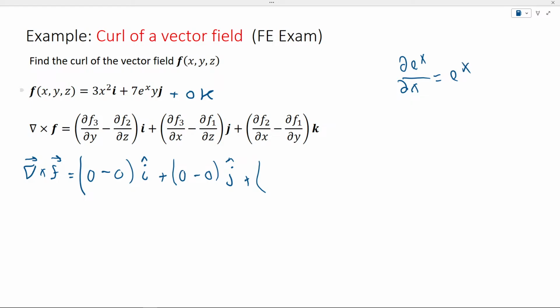So this guy is a constant, this guy is a constant, so ∂f2 with respect to x, I get the same guy, y, yeah? Minus f1 with respect to y, and this guy with respect to y, this is a constant, this would be 1, so I will get 7e^x in the k direction, yeah?